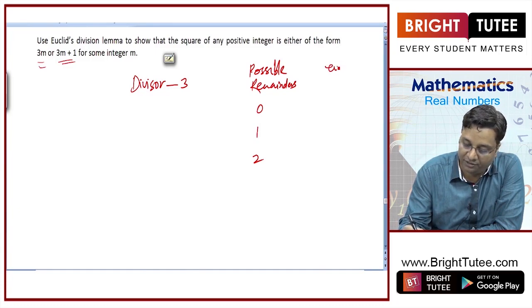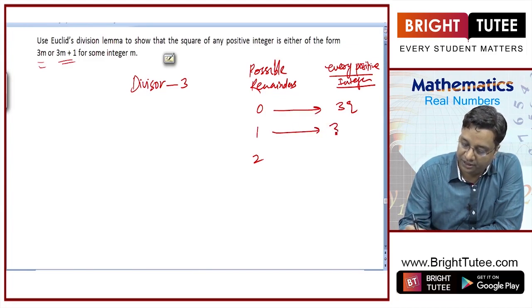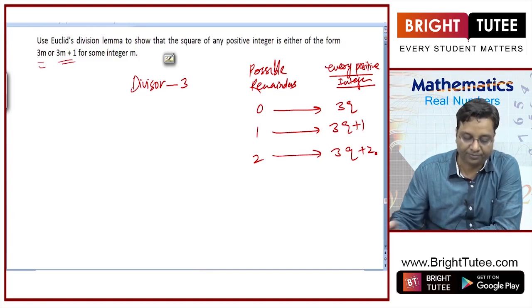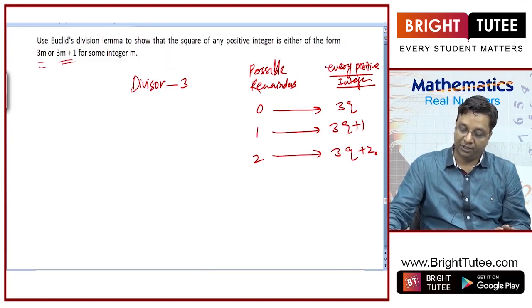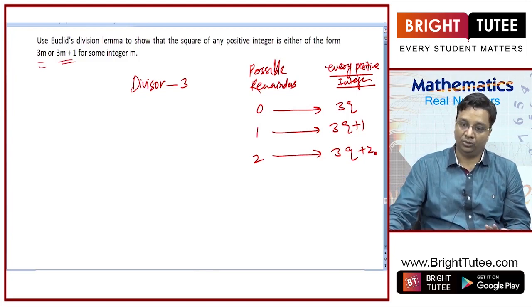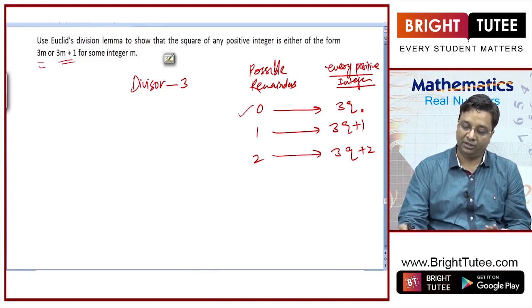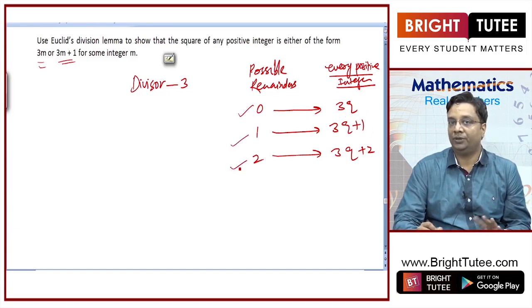Every positive integer will be of the form 3q, 3q plus 1 or 3q plus 2, right. When remainder is 0, 3q; remainder 1, 3q plus 1; remainder 2, 3q plus 2.